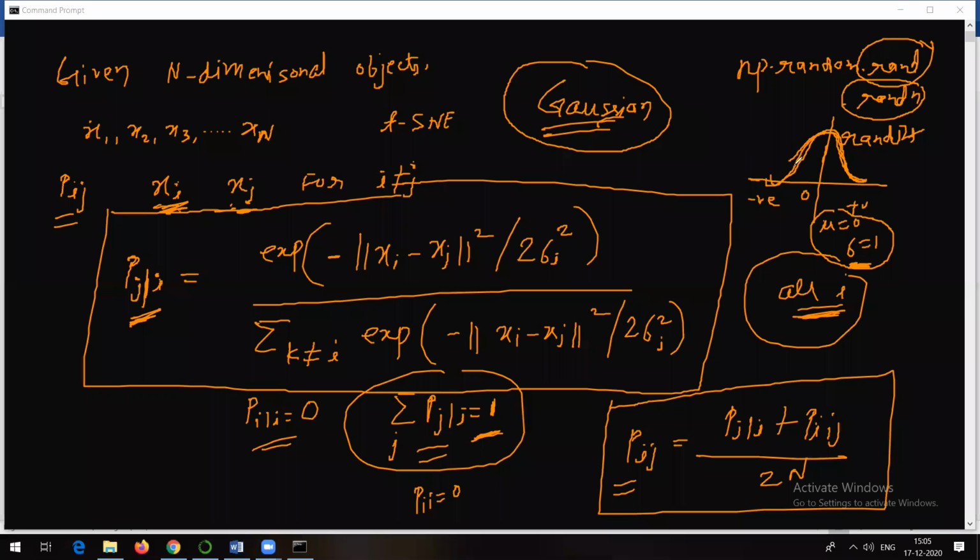That means it should be centered around 0, so there will be some negative values and some positive values in your data set, or data points. If I want to represent two-dimensional data, I can represent it something like this. Some points will be here, some points will be here, positive as well as negative, both of them will be here, right? So that's what it is trying to represent.